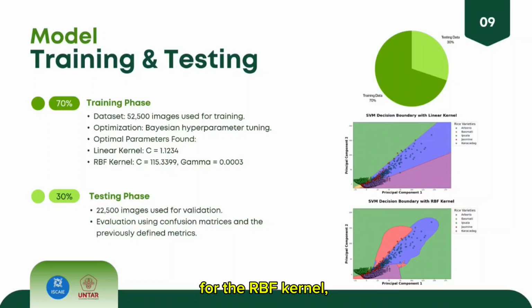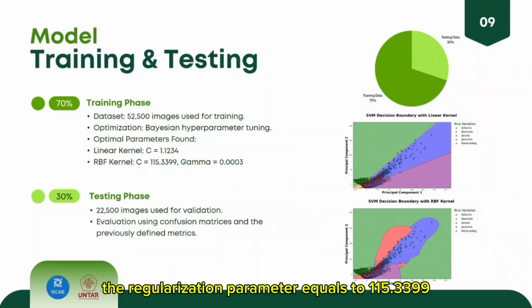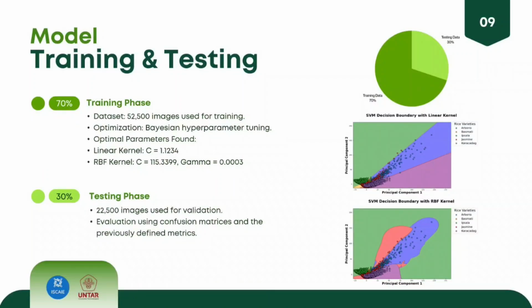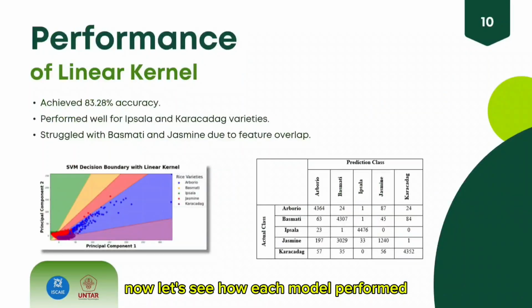For the RBF kernel, the regularization parameter equals 115.3399, with the gamma, or the kernel coefficient, equals 0.0003. Now, let's see how the models performed.